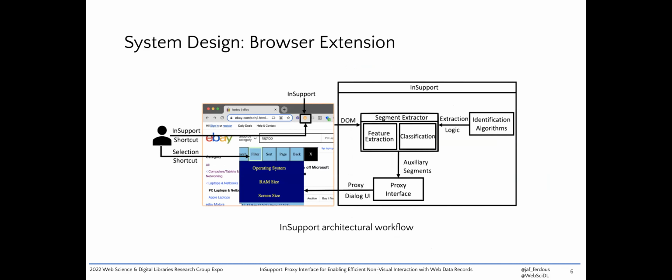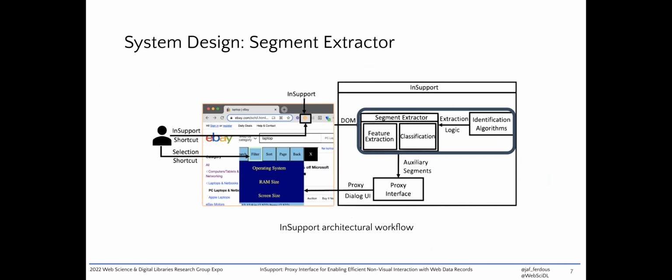We implemented InSupport as a browser extension so that it can provide support for any arbitrary web page containing data records. InSupport has two core components. First is the segment structure, and the other one is the proxy interface. The segment structure analyzes the web page DOM and extracts the auxiliary segments, that is filters, sort option, search form, and the multi-page links, using a custom machine learning-based identification algorithm.